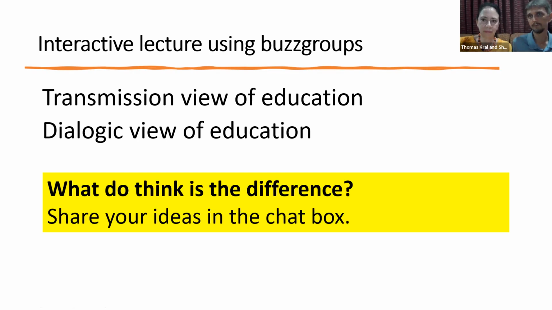So your pre-lecture task is to look at these two concepts, transmission and dialogic, two views of education that you'll hear about, and brainstorm what you think the differences between them are. Some of you may know already, so you can share. For those who don't, you can also write your ideas or your guesses. So let's hear a couple of ideas in the chat box. What's the difference between these two views of education?